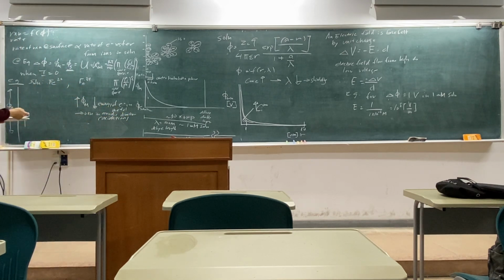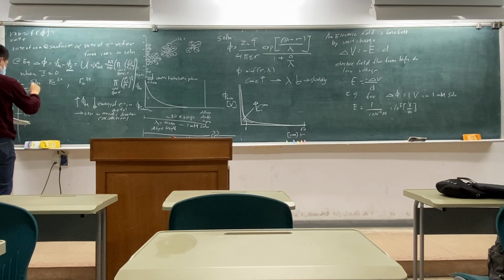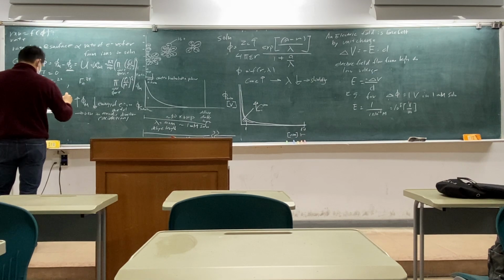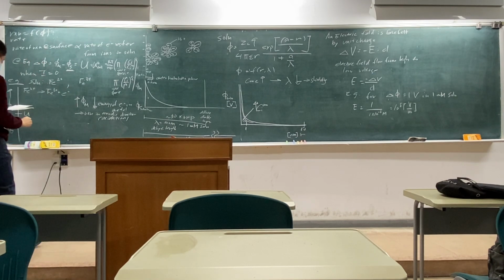What does that mean? That means this reaction is going to happen: Fe2 plus goes to Fe3 plus plus e minus. Fe is going to give off electrons to the metal and then become Fe3 plus.